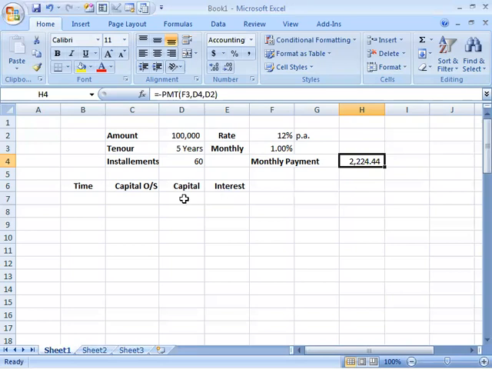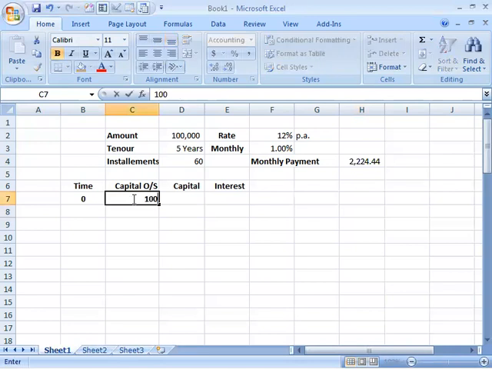So I will start preparing the amortization schedule here. At time 0, what is the capital amount? The capital amount is the loan outstanding amount itself, so 100,000. There are no payments, so no deductions, and for the interest also no deductions.